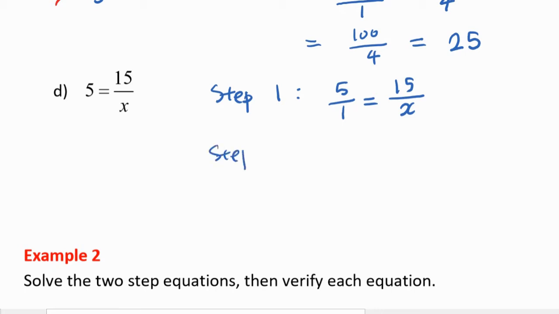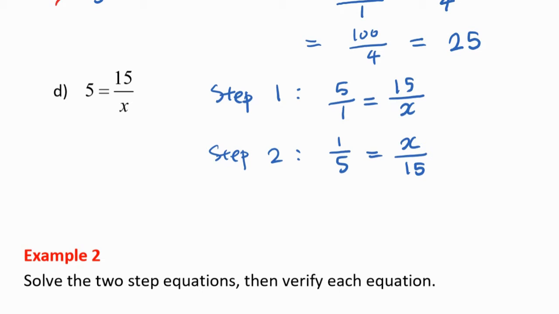Step 2. You're going to flip both sides. So 1 over 5 and x over 15. You don't want to keep your x in the bottom. When you have x in the bottom, you always need to flip and make x in the top.